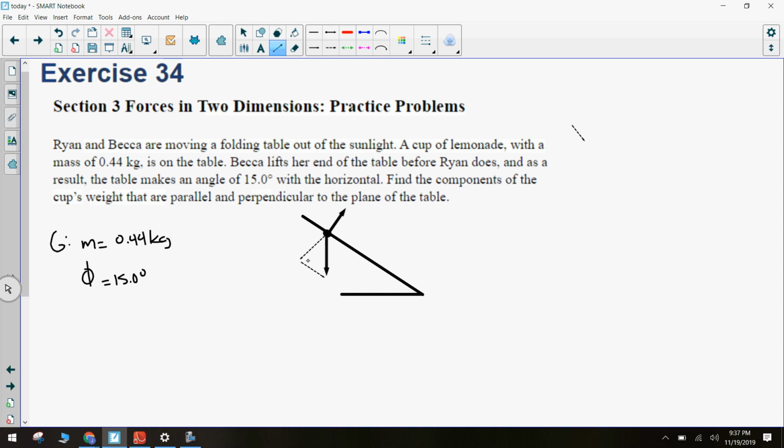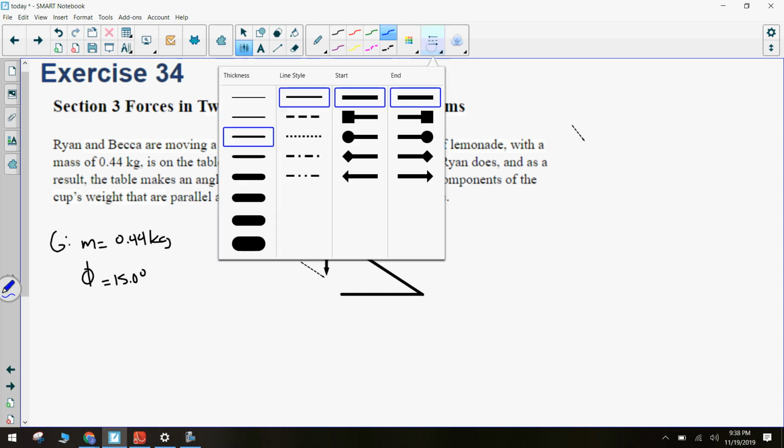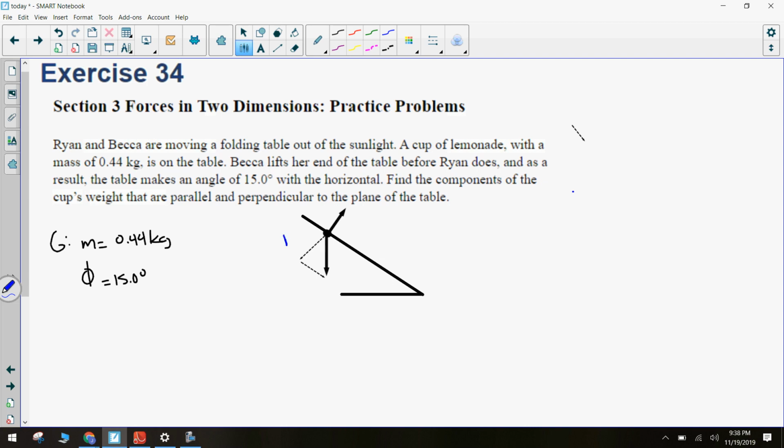This should be at a right angle. My drawing is still slightly off. This should be perpendicular to the surface, parallel to the surface. Alright, so what we've been calling these is, this is FGY, this is FGX, this was, of course, FG, and this was the normal force.